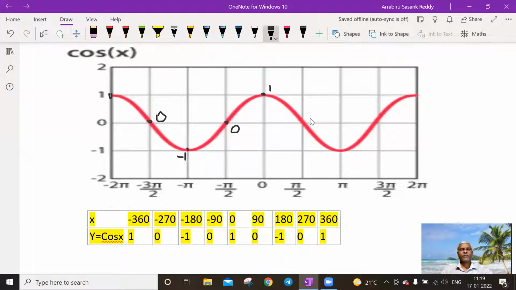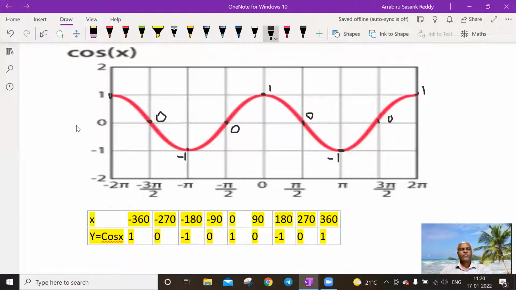And 90, so again cos 90 is 0. 180 comes down, again minus 1. 270 again it is 0. And 360 again this is 1.